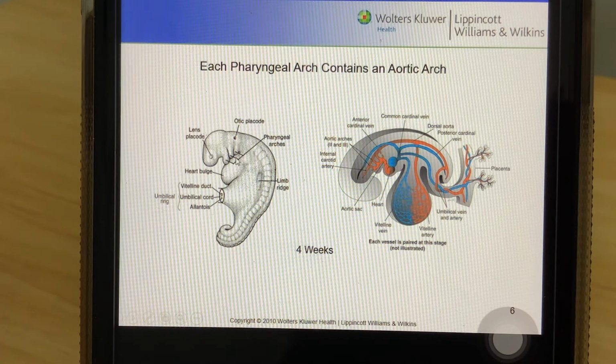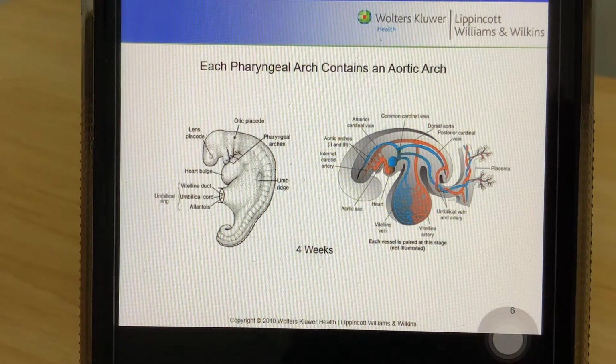The arches are never all present simultaneously. Instead, the most cranial ones form and then differentiate as more caudal ones are forming. The aortic arches differentiate into vessels supplying the head and neck and upper limbs.